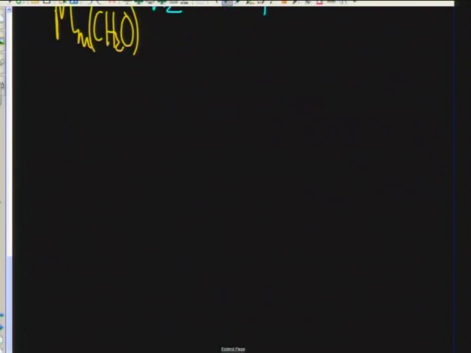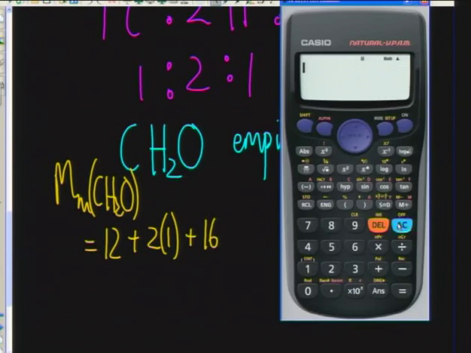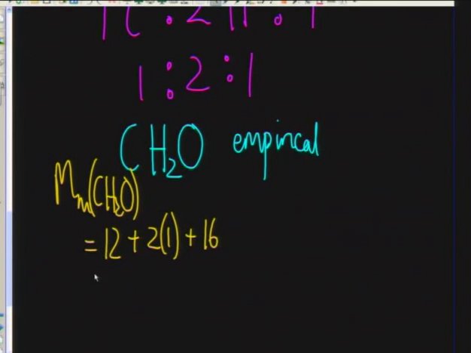Now, because we've worked with it already, I know what these values are. I don't need to go and look them up. Carbon was 12. Hydrogen, 2 of them, 2 multiplied by 1, plus 16. So, go across to our calculator, add those up. 12 plus 2 plus 16 is equal to 30 grams in 1 mole.